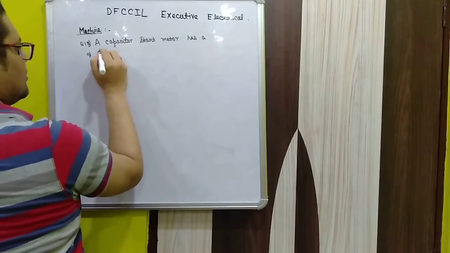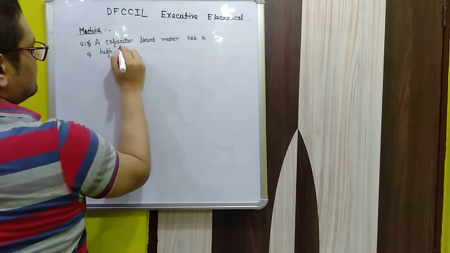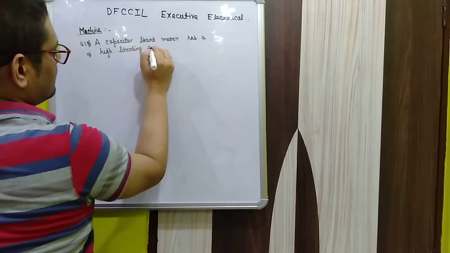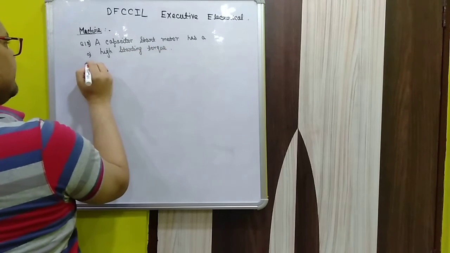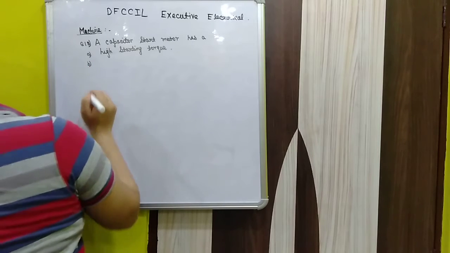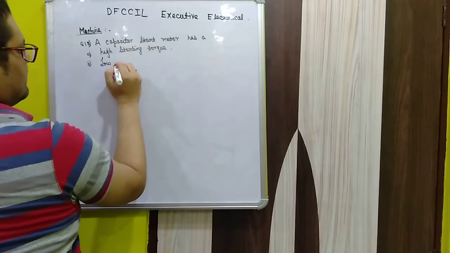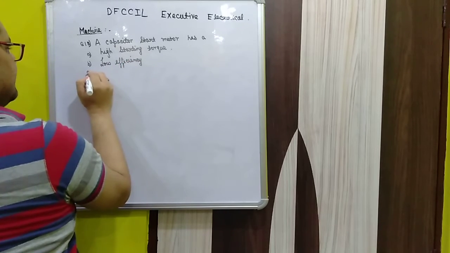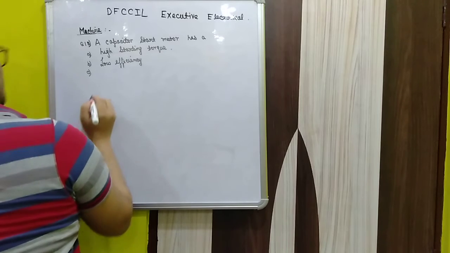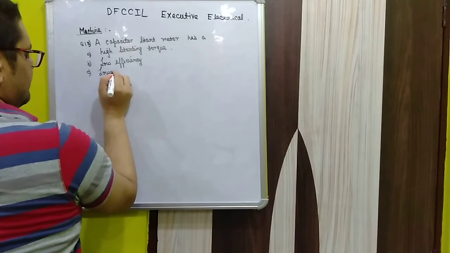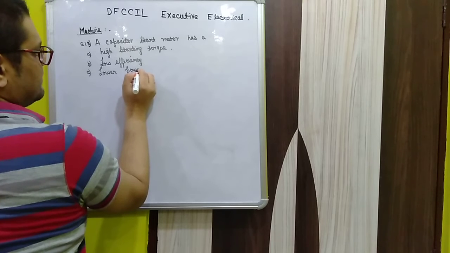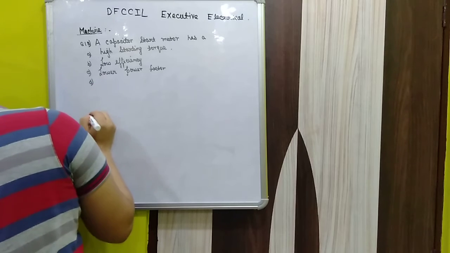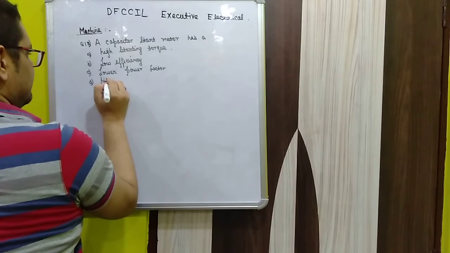Option A is a high starting torque, option B is given as low efficiency, option C is given as lower power factor, and option D is given as high power factor.